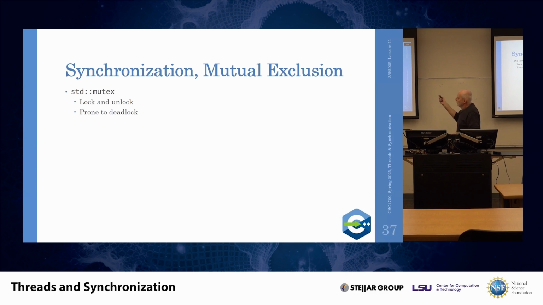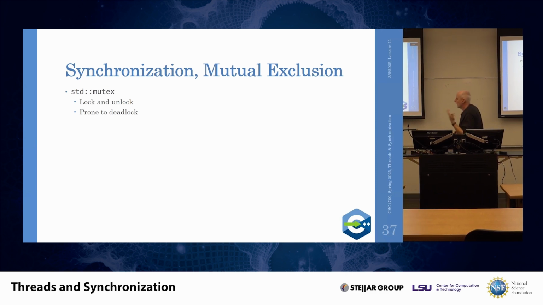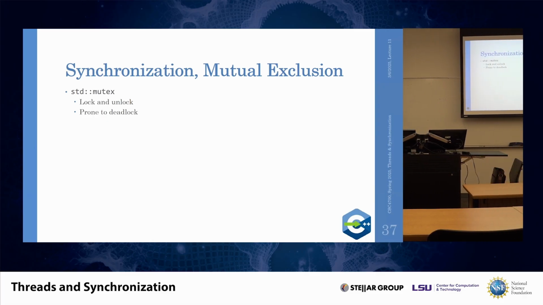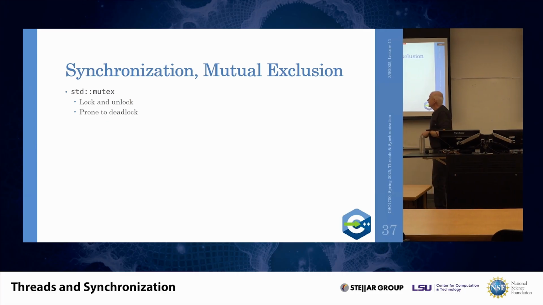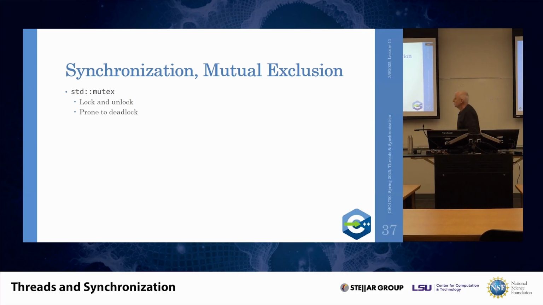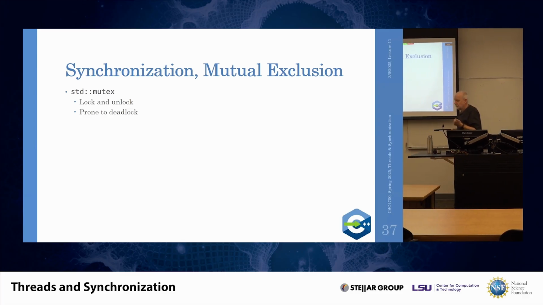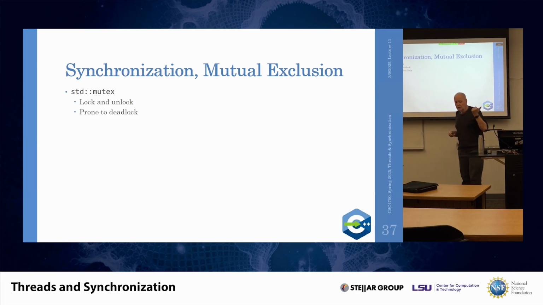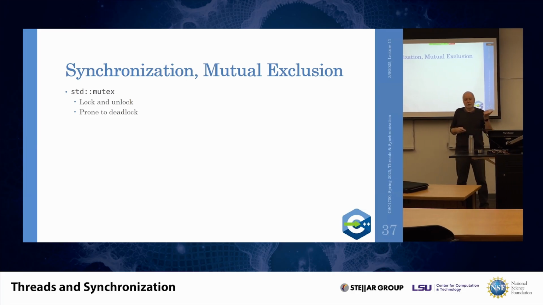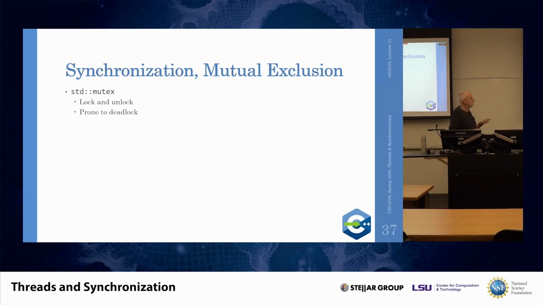A mutex is an object which has 2 operations, lock and unlock. But unfortunately, mutexes are very prone to deadlocks if you're not very careful. The first problem is if you lock a mutex and never unlock it, then this will lead to a deadlock, because other threads will never be able to make progress beyond that mutex.